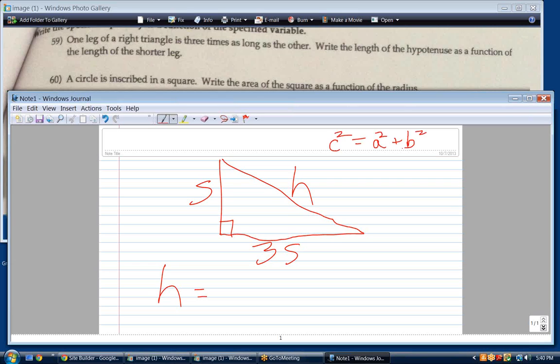There's the Pythagorean theorem right there. Okay. So in this case, h squared would equal s squared plus 3s quantity squared. So let's simplify this. What's h equal to?